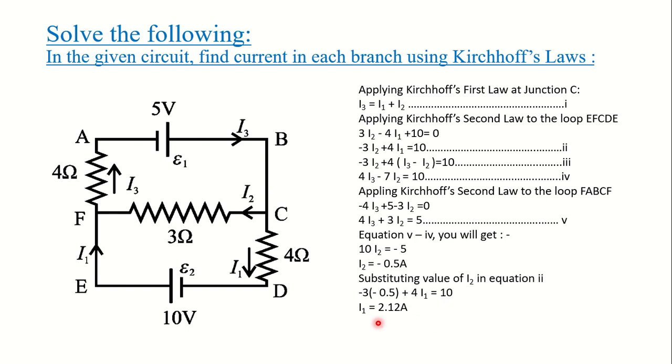The next step you will get I1 will be equal to 2.12 amperes, solving that equation. Is that clear? Next step, you can see substituting the values of I1 and I2 in equation 1, which is the simplest, which is I3 will be equal to I1 plus I2. So we got the value of I1 is 2.12 and I2 is minus 0.5. So adding these two you will get 1.62 amperes.